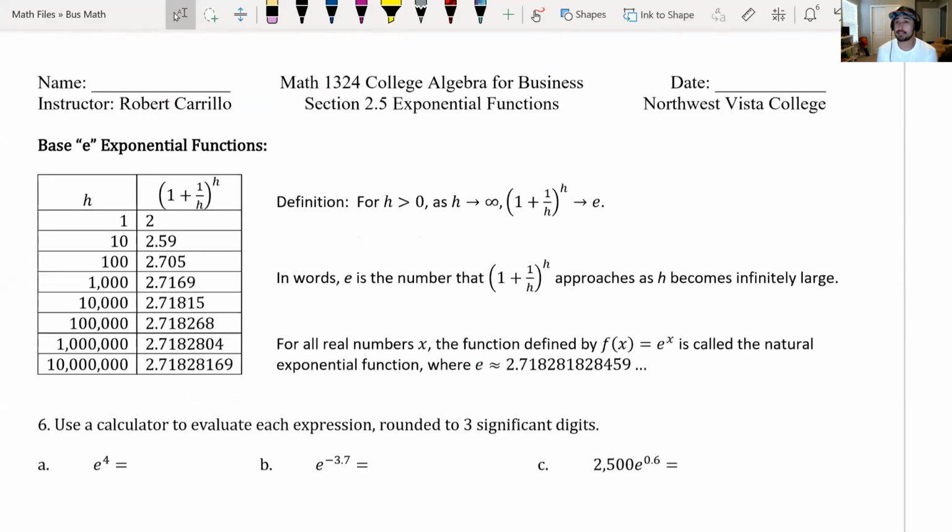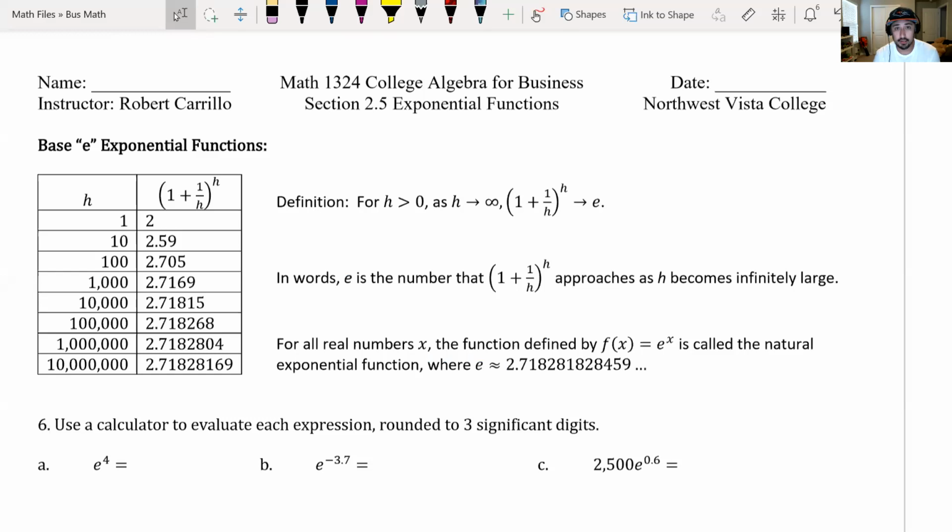Okay, next, we come across the definition of the number E. Yes, I said the number E. It is no longer a letter to you, it is a number. So E, to keep it simple, is called the natural number.